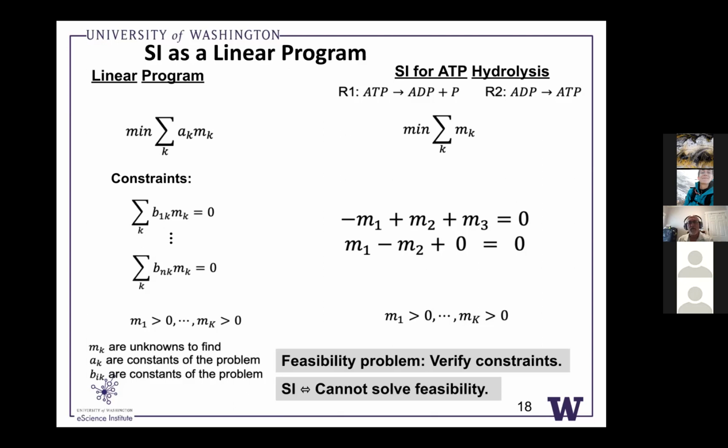Linear programming has been used widely for things like airplane scheduling and other kinds of scheduling problems. Linear programs can scale to huge numbers of variables, so this is a very efficient way of checking reaction networks that are much larger than what we use today. Generally speaking, these are relatively efficient procedures.